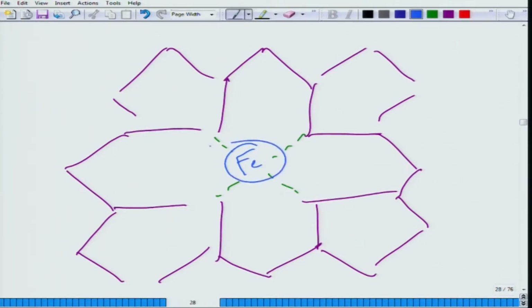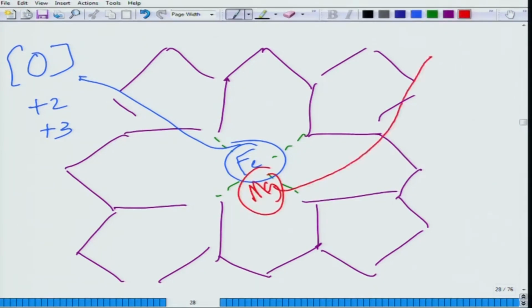One more thing I request you to look at: what is the oxidation state of iron here? Is it +2 or is it +3? Is it ferrous or is it ferric? Please look at this. This is the exercise I expect you to do. And there is another molecule closely related to porphyrin, where iron is replaced by magnesium, and that is called chlorophyll.